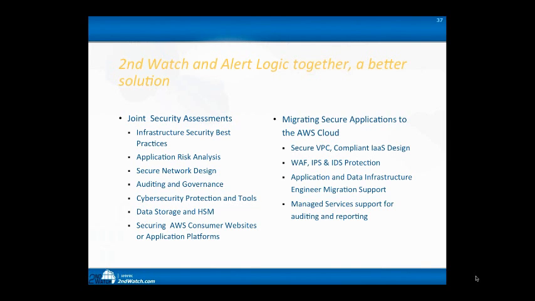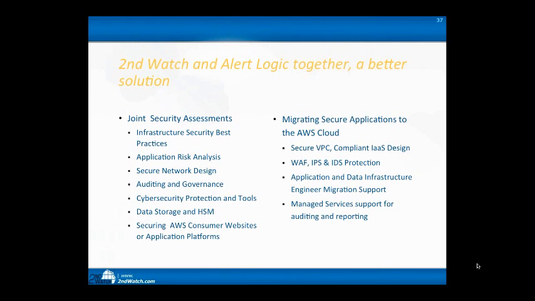We look at secure network design, auditing and governance policies, and what tools are available either within the AWS ecosystem, such as CloudTrail, which we'll talk about a little bit in a couple of slides, or with tools and offerings from AlertLogic as well. Cybersecurity protection and tools, data storage concerns, securing data both in flight and at rest as well.